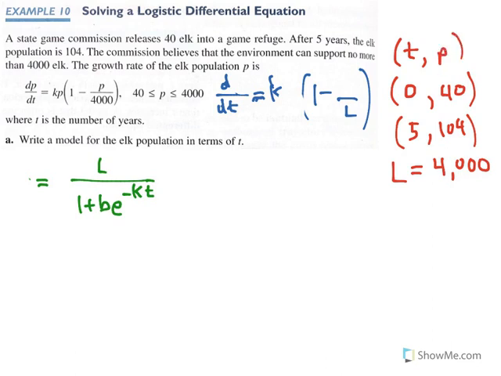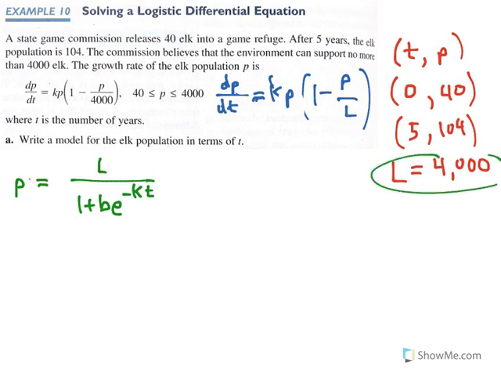So P here. So I have dP/dt is equal to K times P times 1 minus P over L, and here I have P is equal to L over 1 plus B times e to the negative kt.